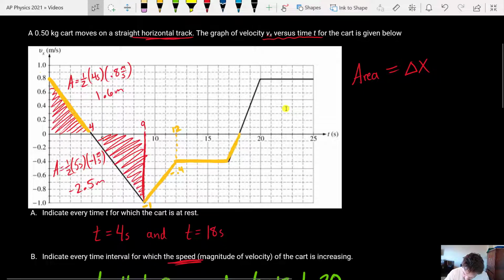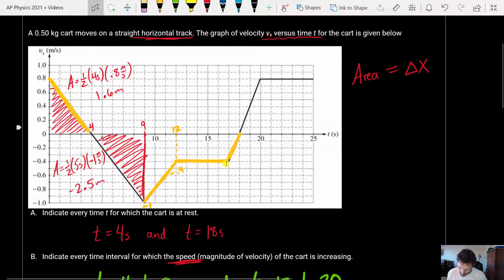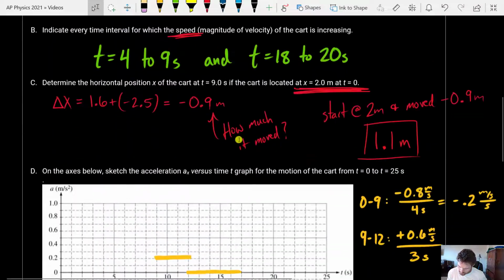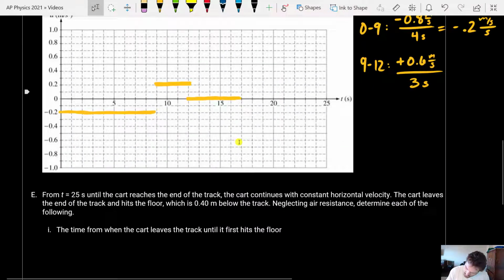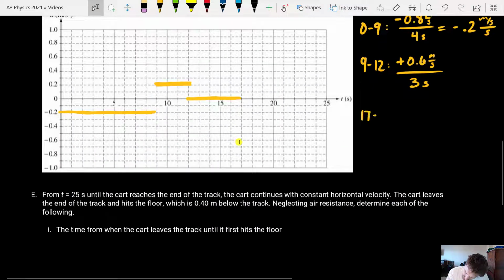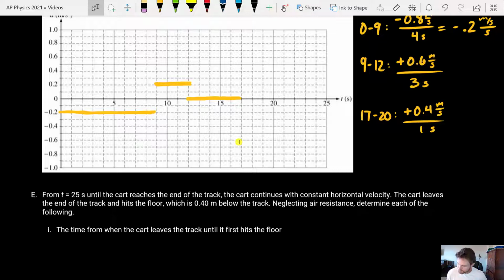In 1 second, it goes from negative 0.4 to 0. So from 17 to 20, that one little part we looked at, it went up 0.4 meters per second in 1 second.